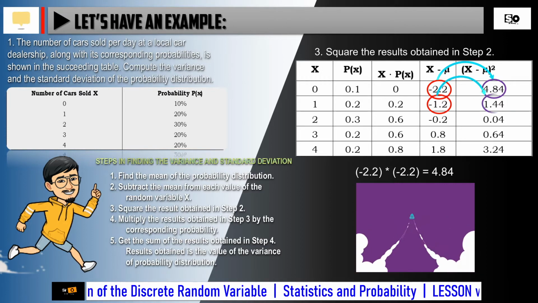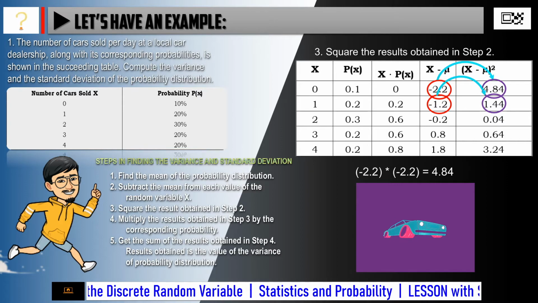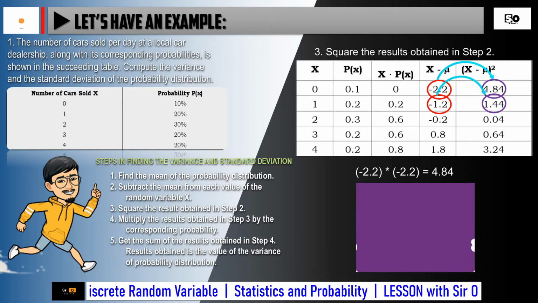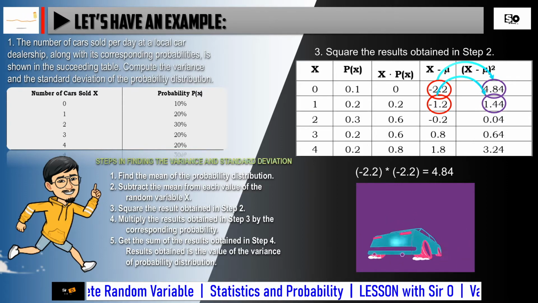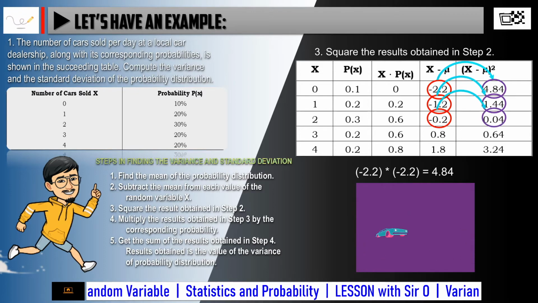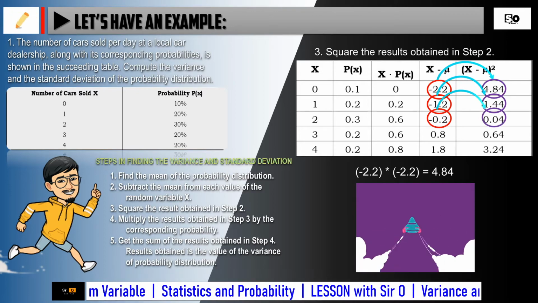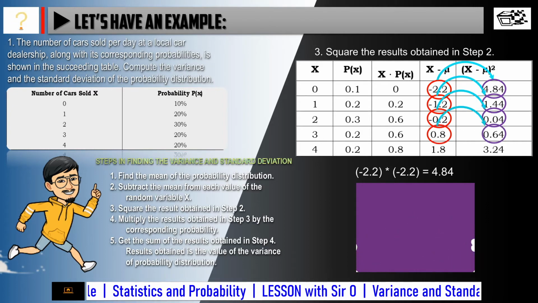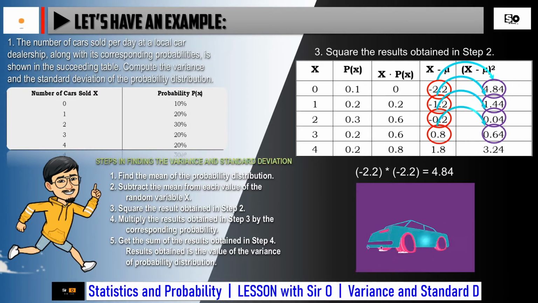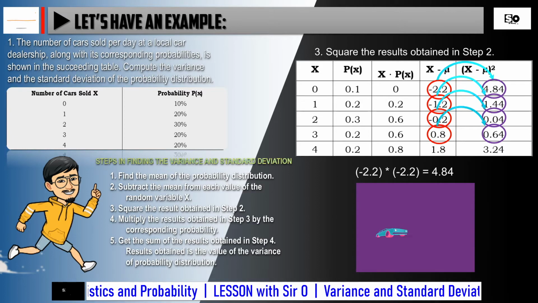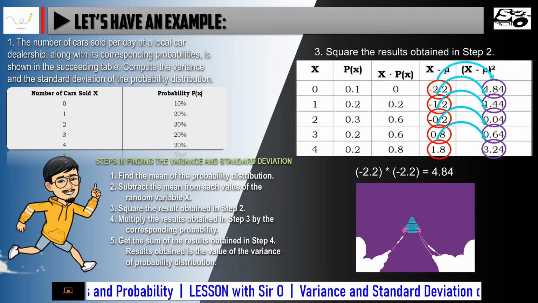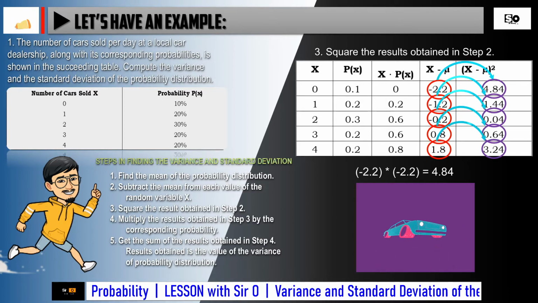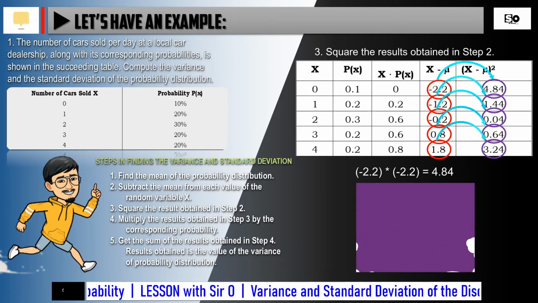So we have negative 1.2 multiplied by negative 1.2. So we have 1.44. Negative 0.2 multiplied by negative 0.2 is 0.04. 0.8 multiplied by 0.8 is 0.64. And last, 1.8 multiplied by itself, 1.8, is 3.24.